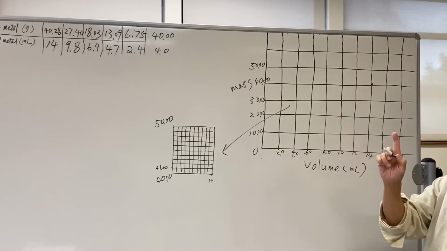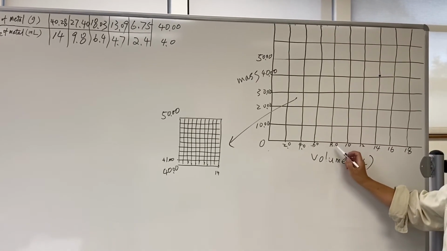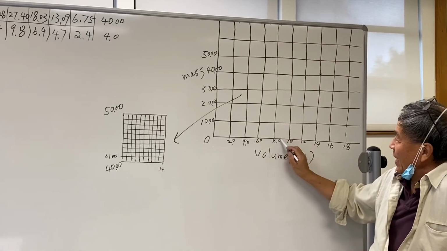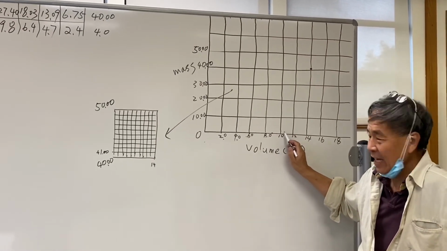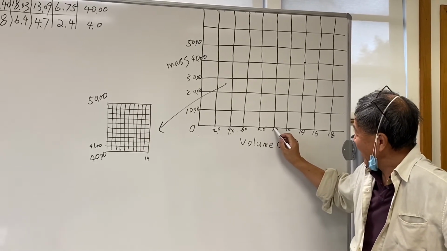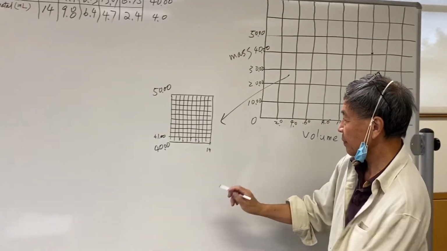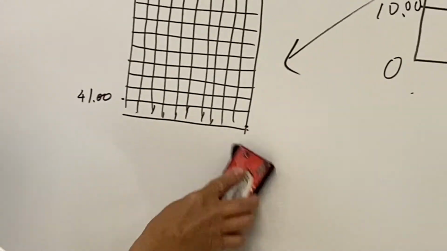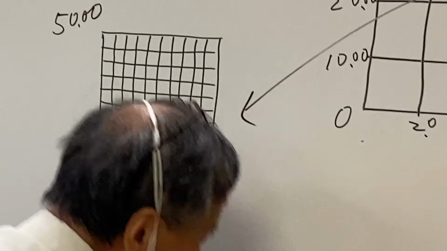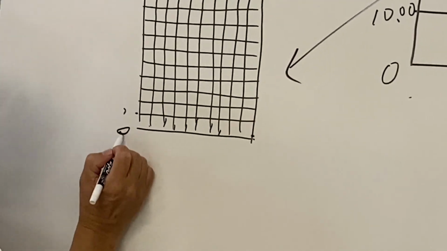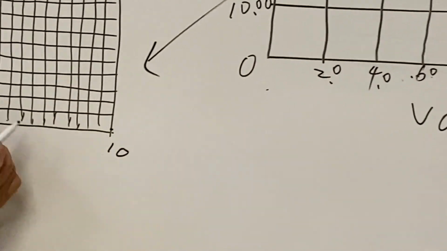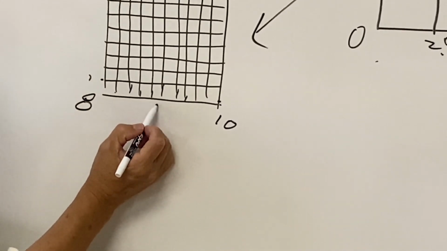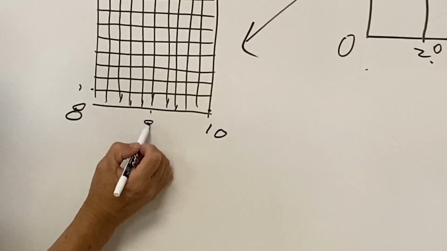Second one, it's 9.8. So it is past 9, but below 10, so it is right here. I'm just keep adjusting this. If this is 9, if this is 8 right here, if this is 10, your 9 should be right here, right? How so?